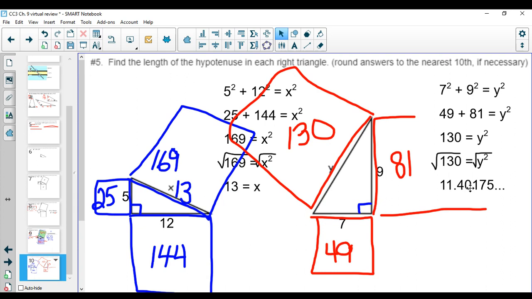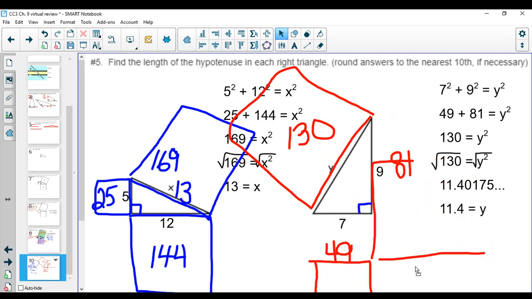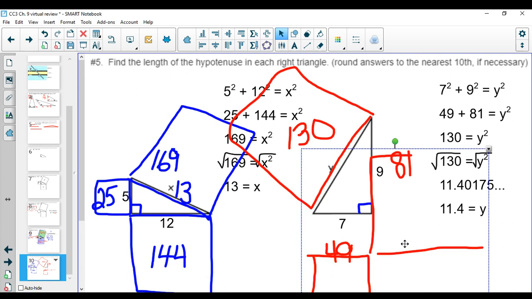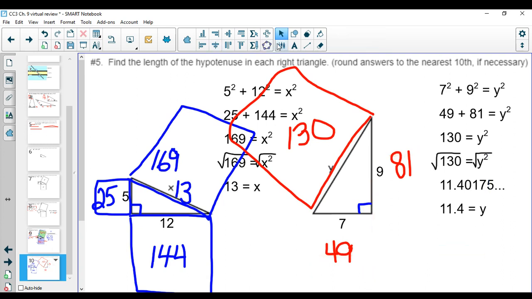The next number is less than 5, so we're going to cut that off, and we're going to write our answer as 11.4. Again, that seems like a reasonable answer because our original sides were 7 and 9. 9 plus 7 is more than 11.4, but 11.4 is still our largest side.